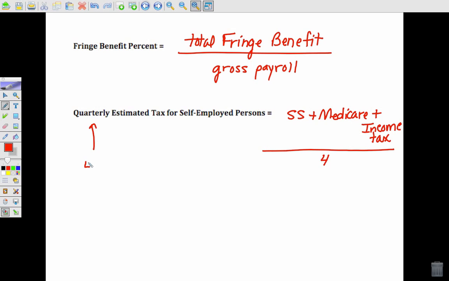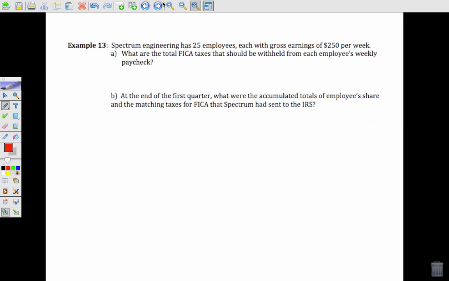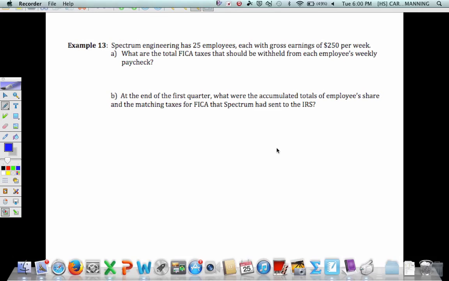Quarterly here means 4 times a year, every 3 months. So this is how much you would have to pay each quarter. Every 3 months, if you are self-employed, you have to pay your taxes. All right, let's go ahead now and look at our first example. This is example 13.